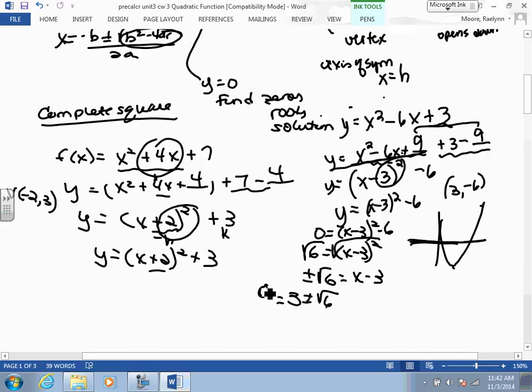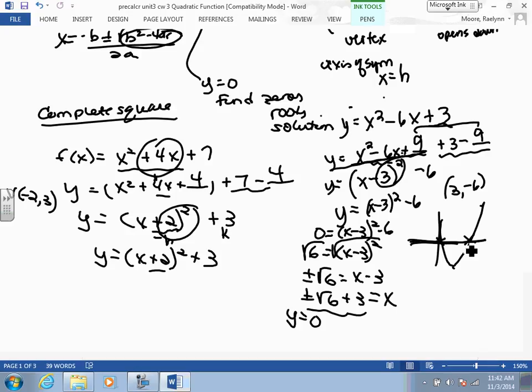These are where your zeros are. 3 plus or minus radical 6. There's your roots. When y is 0, x has 2 roots. That's these guys right here, where they cross your axis. That's in lieu of doing your quadratic formula.